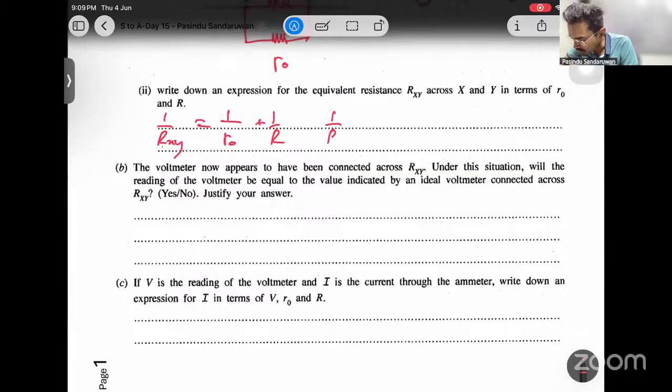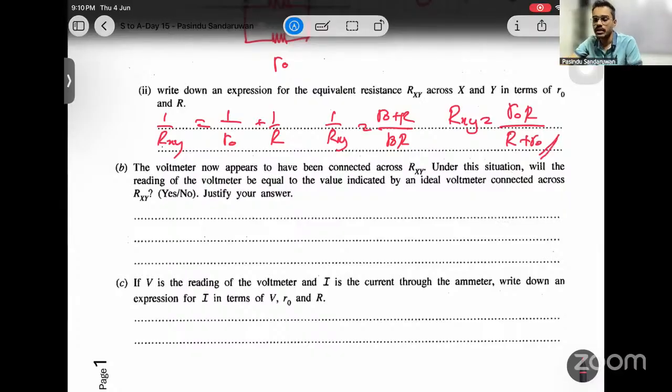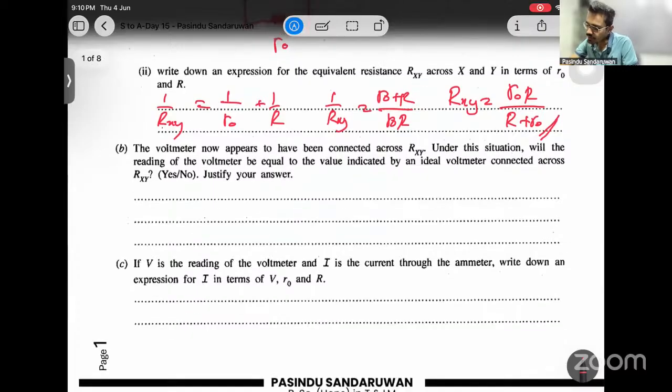Then 1 over RXY equals R naught plus R over R naught R. We need RXY. Then RXY equals R naught R over R plus R naught.